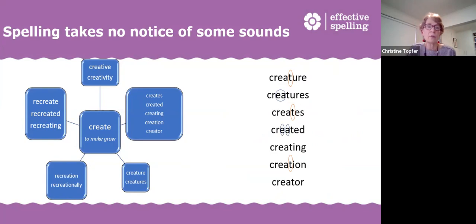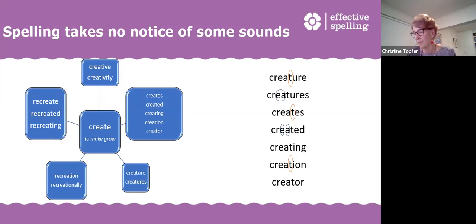If you have a look at this family of the CREATE family, and when we look at the words that can be created from this particular family, have a look at how the letters are represented. It doesn't matter that the EA represents two different phonemes, or that the T in create represents a different phoneme in creation and creature.